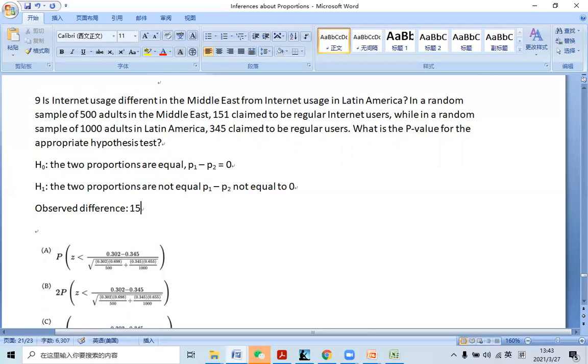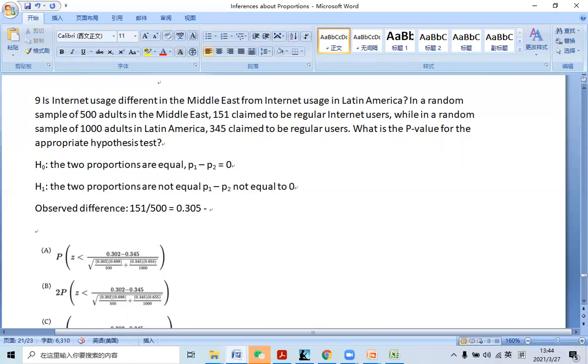Out of 500, you have 151 regular internet users. So 151 over 500, that is 0.305.